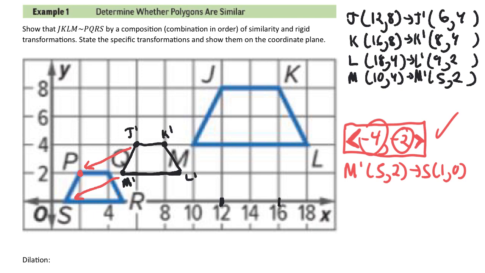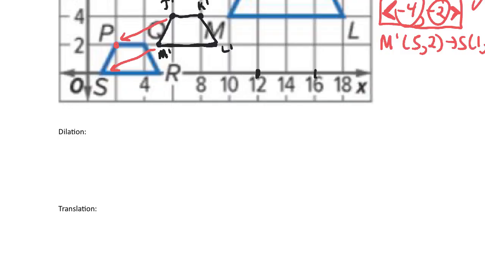All right. So what again did we do? We dilated JKLM by a factor of 1/2, and then we used a translation vector to take J prime, K prime, L prime, M prime to P, Q, R, S. So let's just write that down. We apply dilation of k equals 1/2 to JKLM.